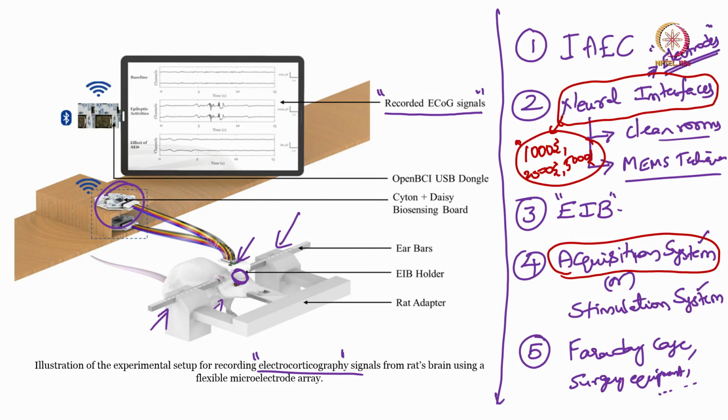Now, here, if you look at it, it is also wireless actually. But you need to have this board and there is a battery that comes here, because it needs to be supported by 4 AA size batteries, which is very bulky for the rat to put on the head.